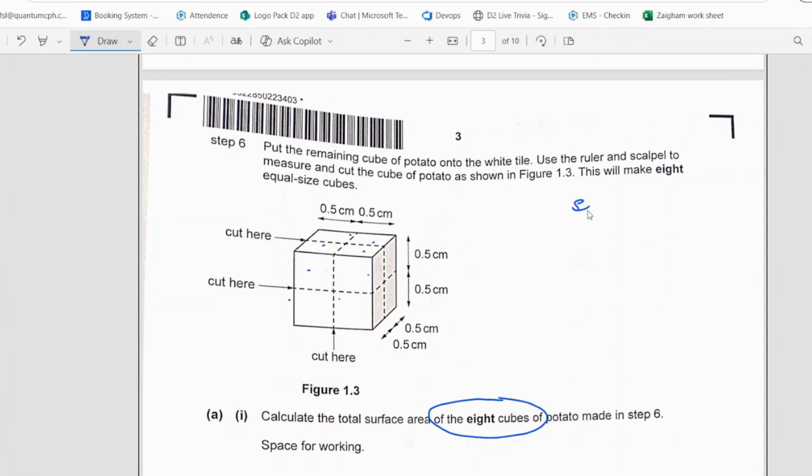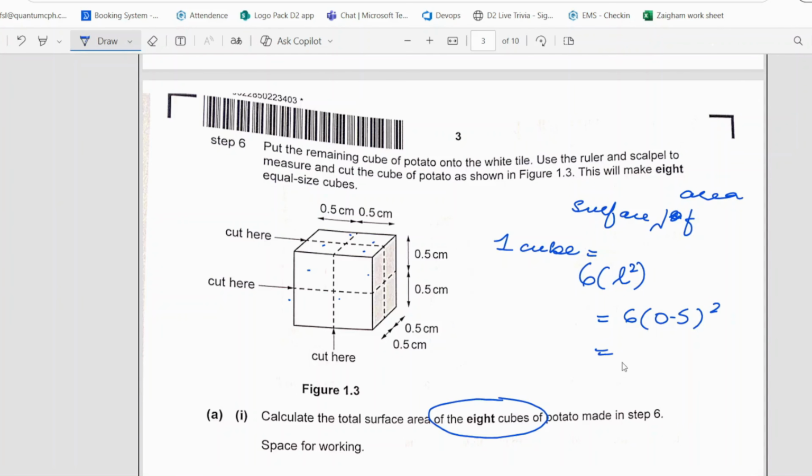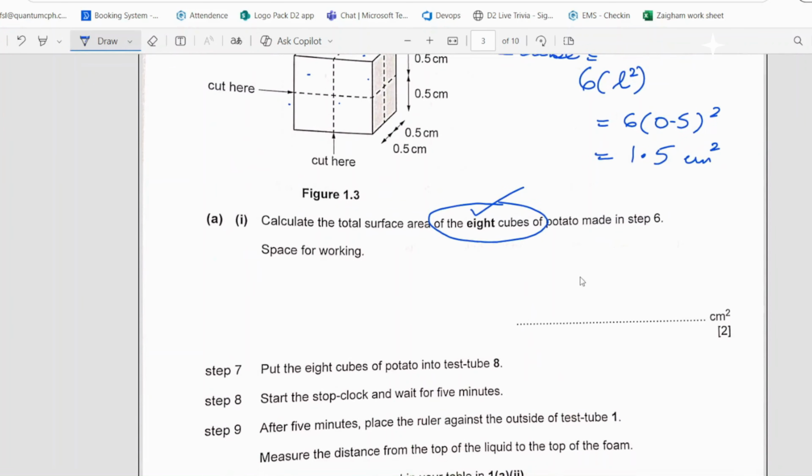So the surface area of one cube is equal to 6 into L squared. We have done this. Multiplied by 6 is 1.5. This is for 1 cube, but now we have to do it for 8 cubes, so we multiply this by 8.